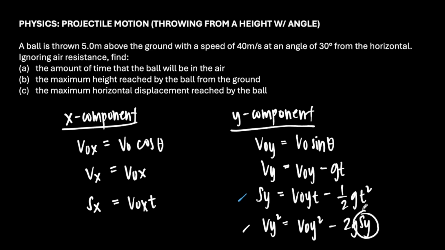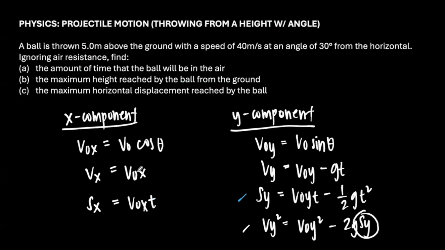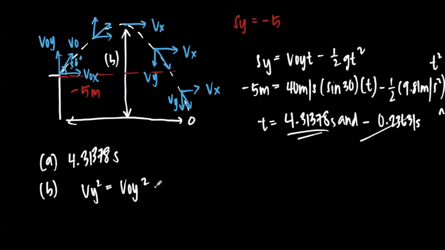So Vy squared is equal to Voy squared minus 2 g Sy. And since Vy is 0, we can cancel it off. So Voy squared is simply equal to 2 g Sy.